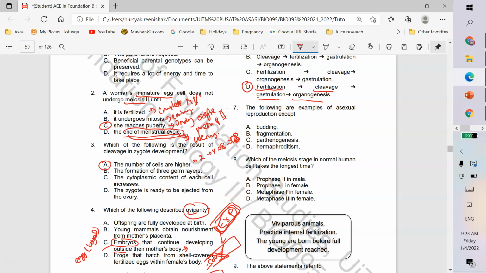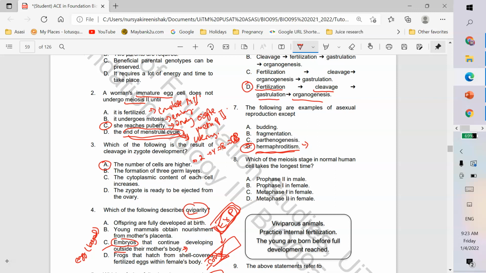Question 7. The following are examples of asexual reproduction except D, hermaphroditism. Sebab hermaphroditism ni dia either both male or female at the same time. So basically the definition of hermaphrodite is an organism that has both male and female reproductive system.